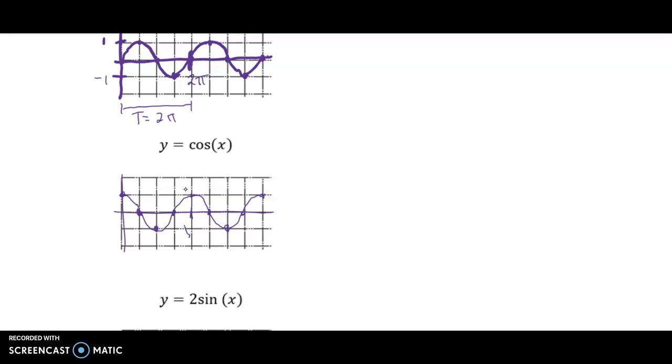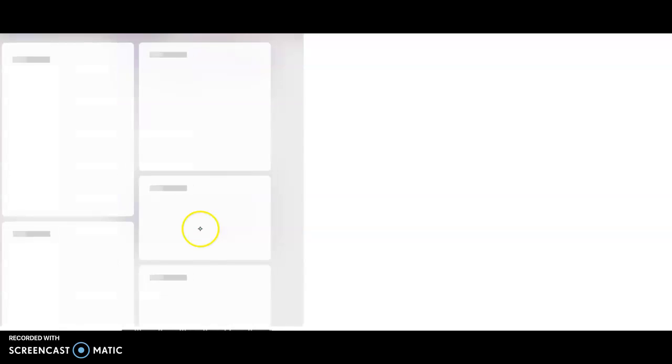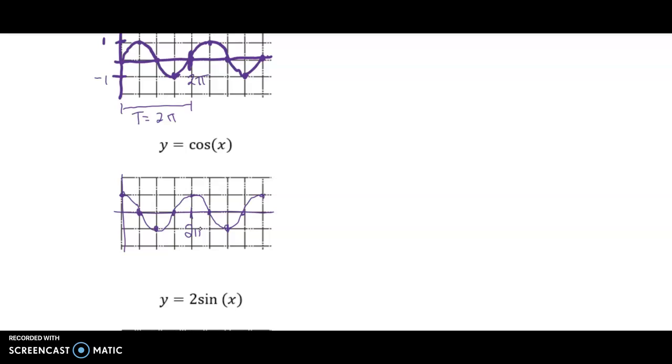I'll write 2 pi right there. And then I'm going to label my height as 1, my other height as -1. And then that's good for that graph. You should label maybe like this.